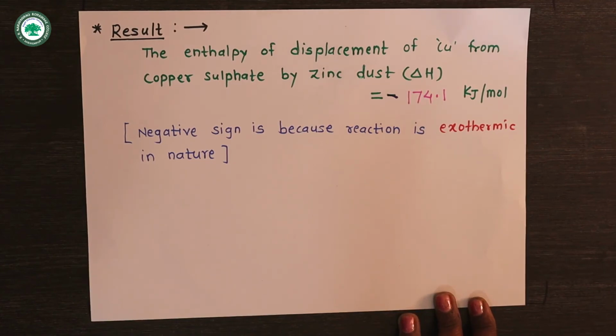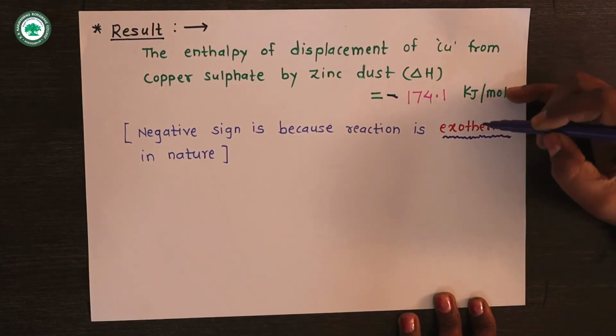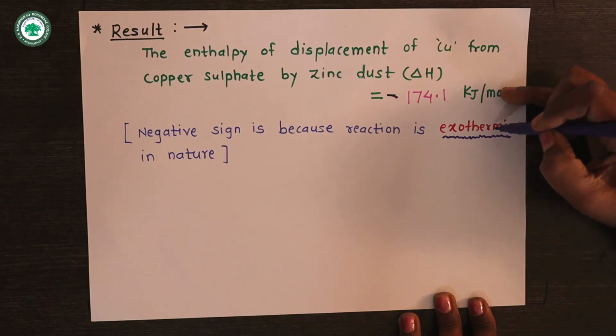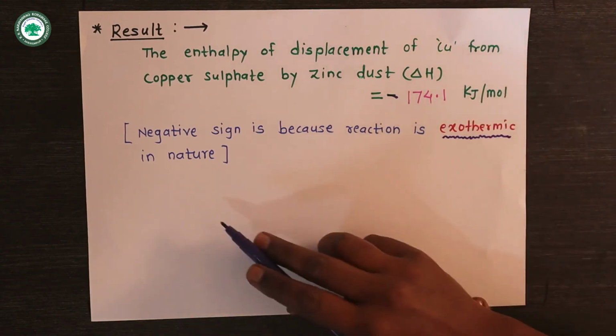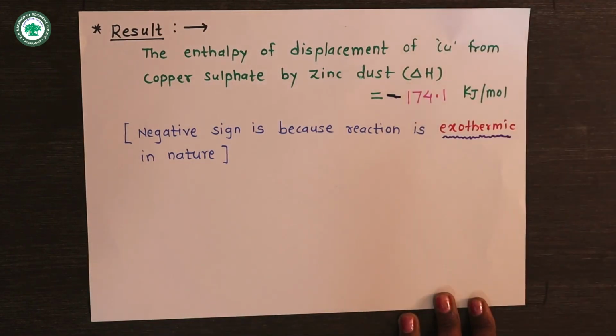We know that heat is evolved, and so the reaction of displacement of copper by zinc from the copper sulfate solution is found to be exothermic in nature. And for this exothermic nature, we have to write a negative sign for the required delta H, and so the result is found to be minus 174.1 kilojoule per mole for this experiment.